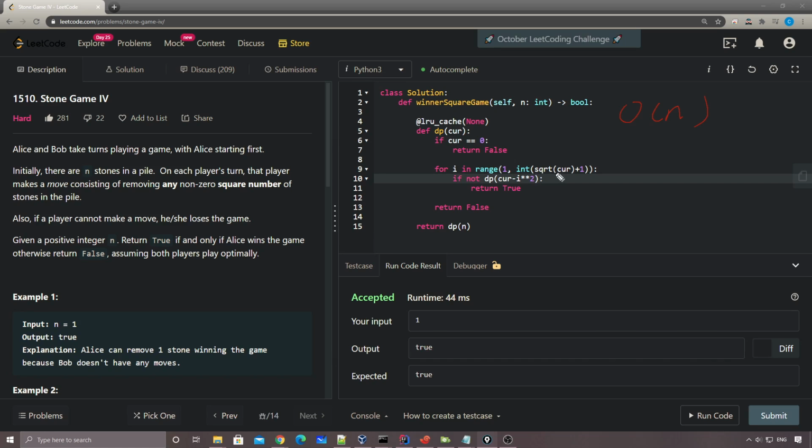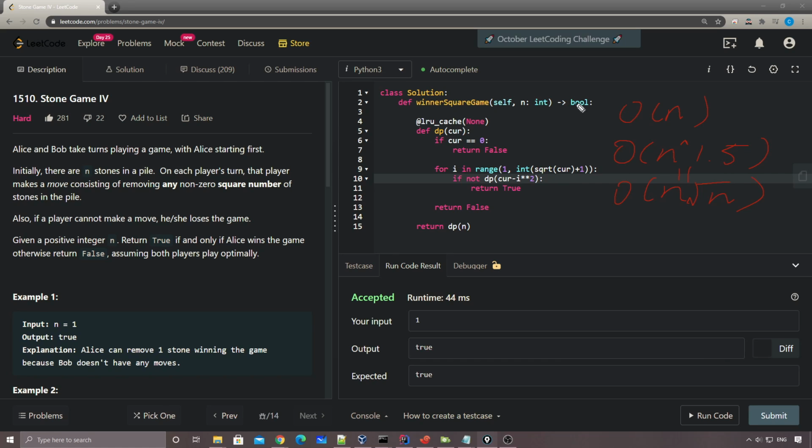So this is going to be O of n times n to the power of 1.5, which is n times square root of n. That's going to be the time complexity.